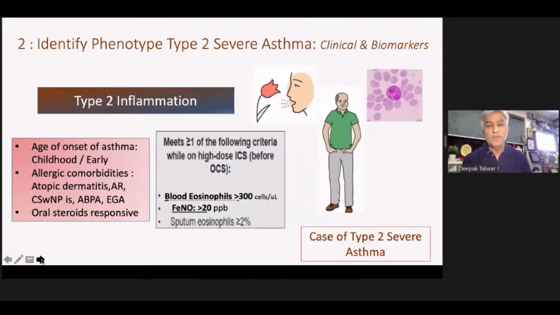And type 2 inflammation is characterized by early childhood onset or early adult onset asthma, with a lot of allergic comorbidities which are classically seen in type 2 inflammation, like atopic dermatitis, allergic rhinitis, nasal polyposis, allergic bronchopulmonary aspergillosis, eosinophilic granulomatous angiitis. And very importantly, this type of inflammation is exquisitely sensitive to oral corticosteroids.